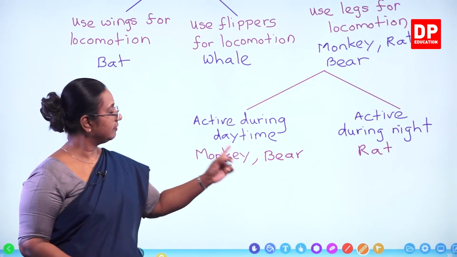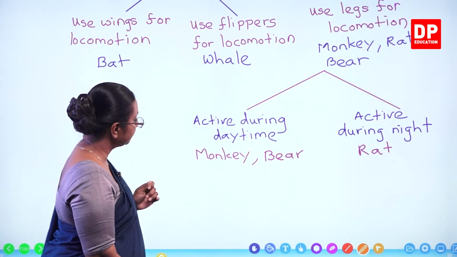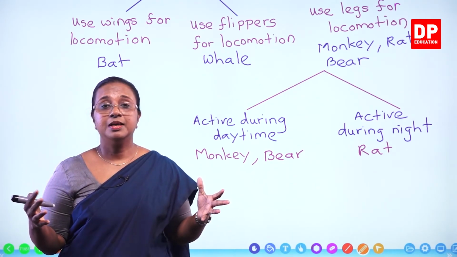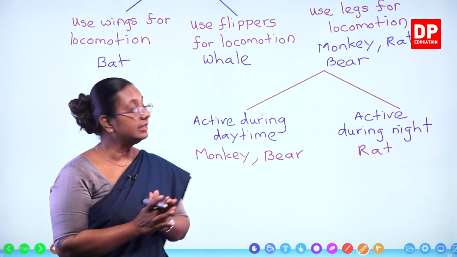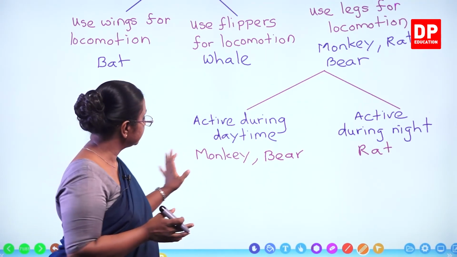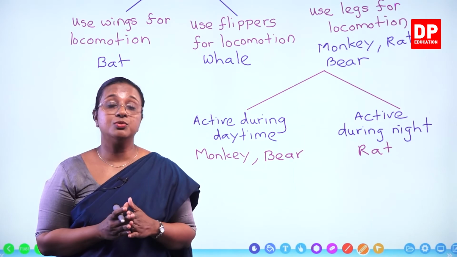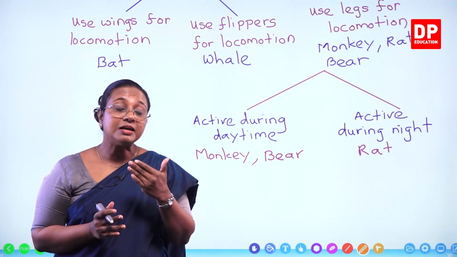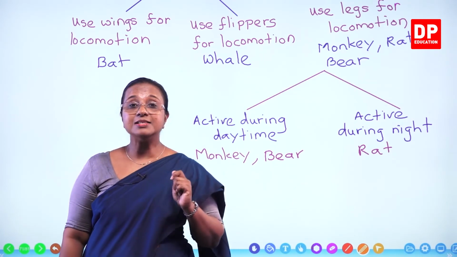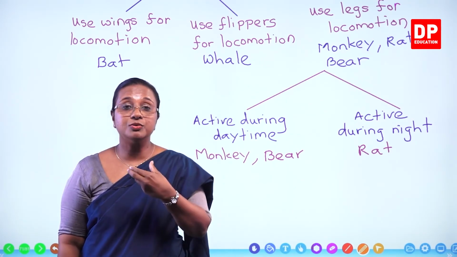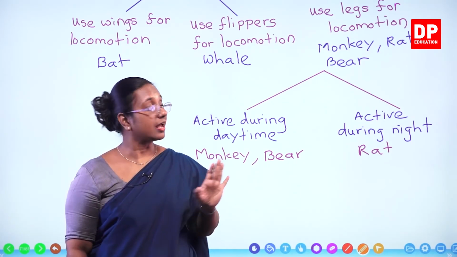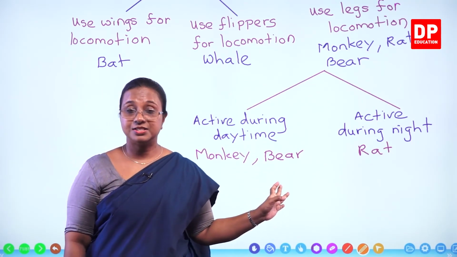Then how can we classify monkey and bear? Obviously, you would have seen them and you can classify them in different ways. I will consider the shape of their nose. Normally monkeys have a somewhat flat nose, but bears have a long nose which is called the muzzle. So based on that characteristic also we can classify them.